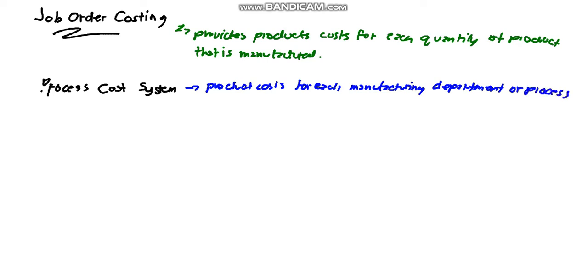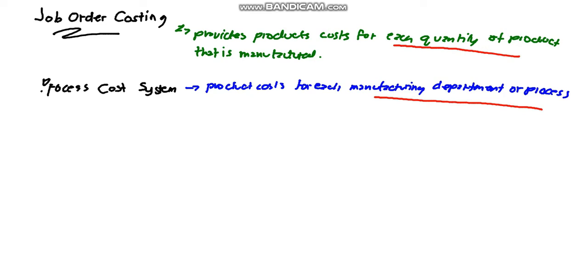So as you can see here, the main difference is that for job order costing, it's each quantity of product, while for process cost, it's for each manufacturing department or process.